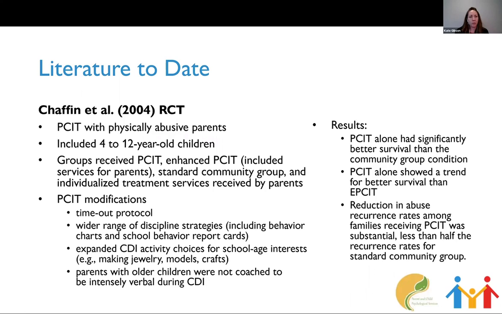This is one of the most well-known studies that does include kids up to age 12, but it is actually best known for the trauma relevance and the fact that PCIT showed reduced rates of abuse reports in the future. It happened that kids up to age 12 were included, and what ended up happening was that some of the discipline strategies used varied because of the kids being older, even though that wasn't necessarily a focus of this study.